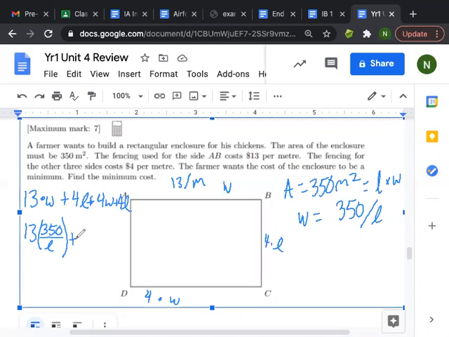Is that okay? So 4L plus 4L is 8L, plus 4 times 350 divided by L.